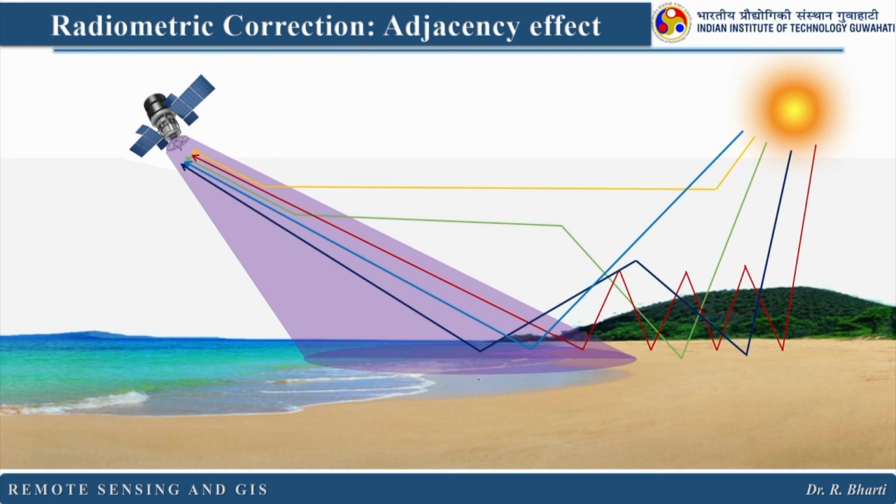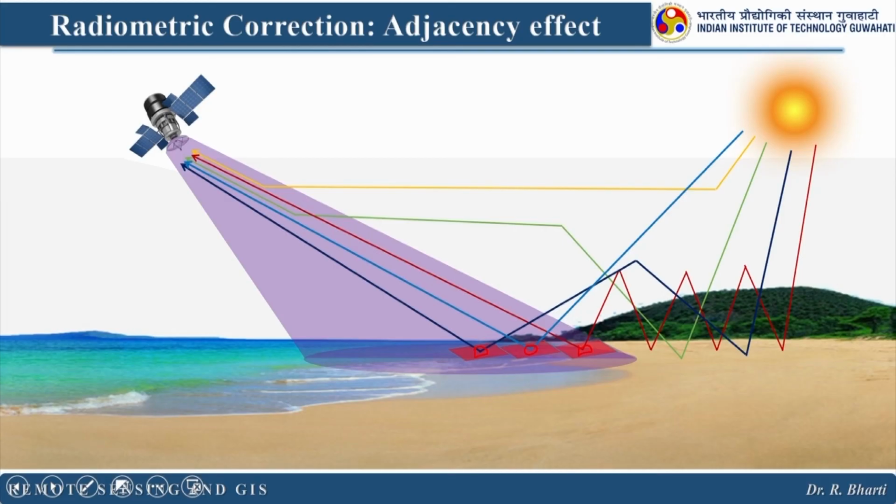So, what is happening, suppose you have pixels lying next to each other. So, the energy which got reflected from this particular position or this particular position may get changed with each other. We are talking about a particular wavelength, right.